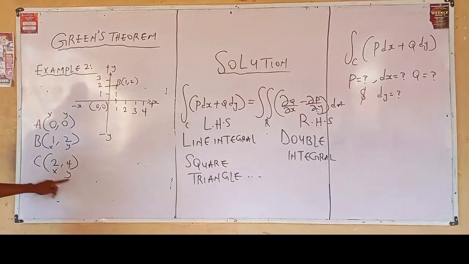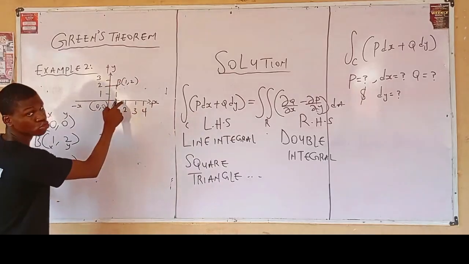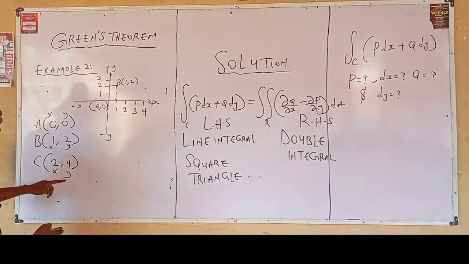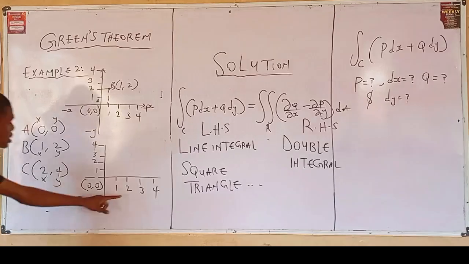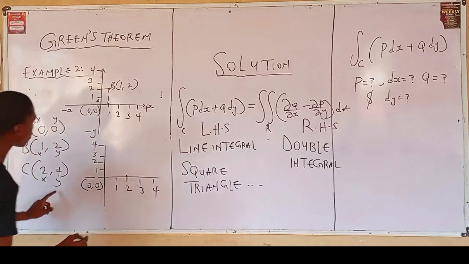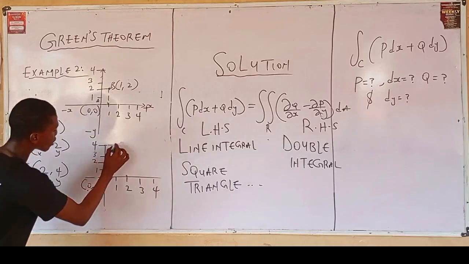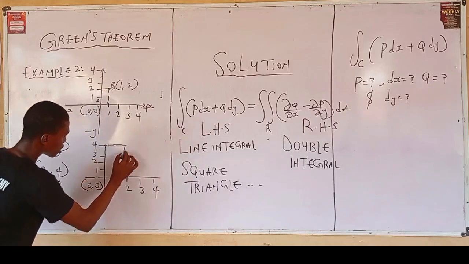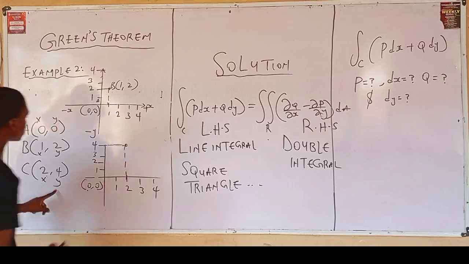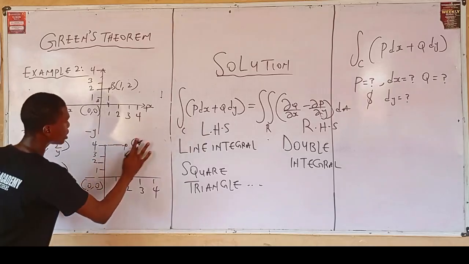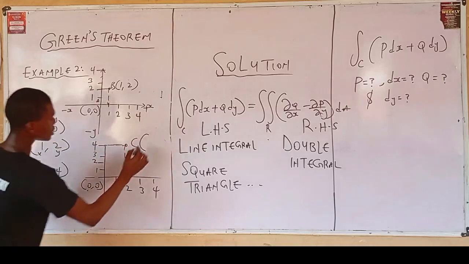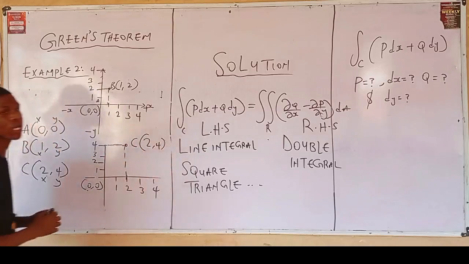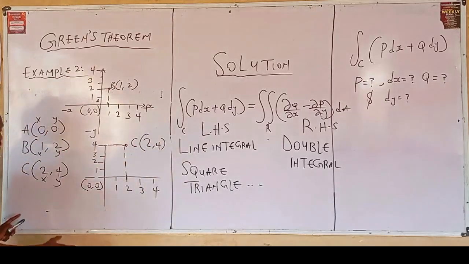Similarly, for the last one, for x I'm having 2, and for y I'm having 4. This is x, then y is 4. So I have my coordinates at this point, and at this point I'm saying that I have C. What's the coordinate of C? (2, 4). Mathematically, this is my representation, right?